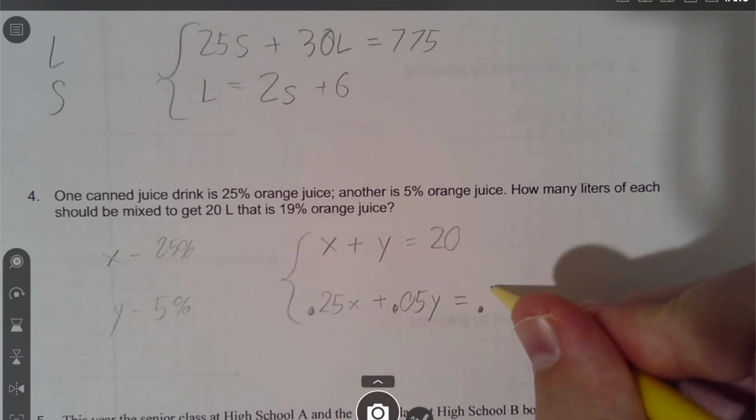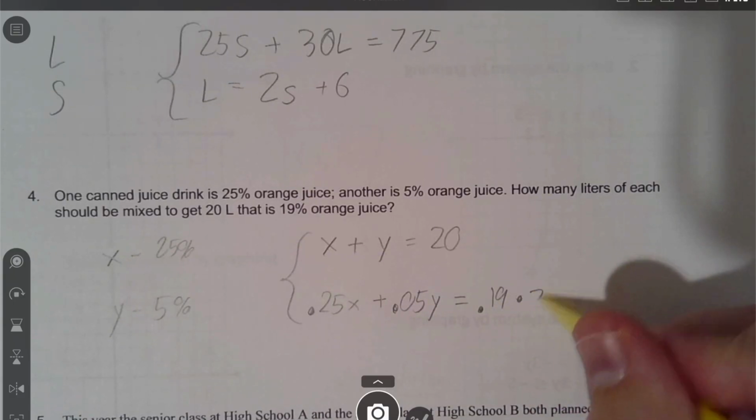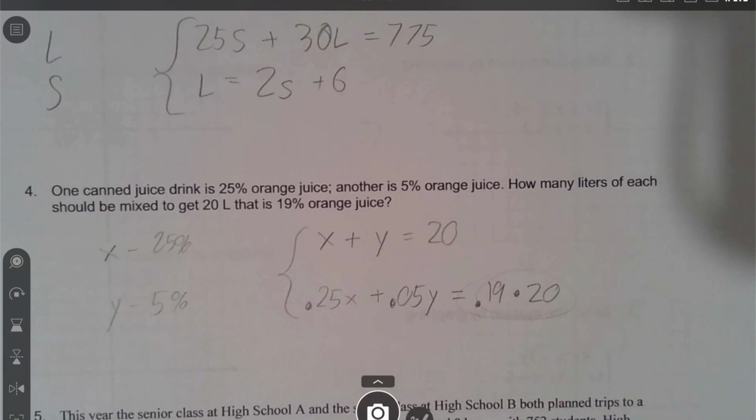But because of the way percentages work, we actually need to multiply the 0.19 by the total amount of liters used in the end to get your valid concentration. That's the big key right there, is that step. Noticing that when you're dealing with combining mixtures, again, it's just a little bit different, or when you're dealing with percentages as your weights, you're going to actually take that final percentage and multiply it by the total amount at the end in order to correctly solve it. All right?